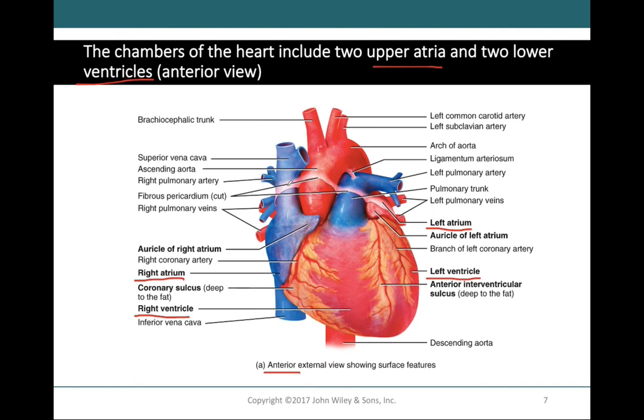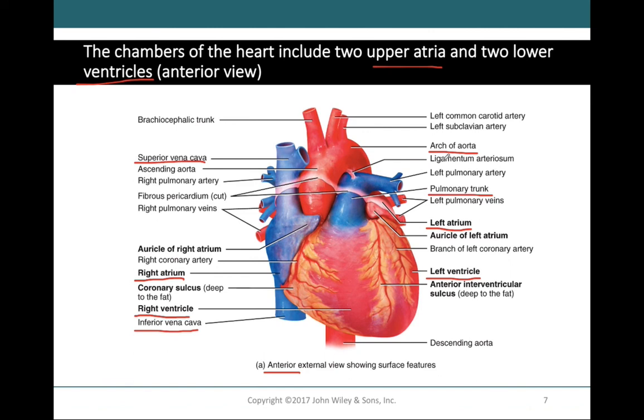So these are veins. They will take blood back to the heart. So you'll see that this here is called the pulmonary trunk. We have the superior vena cava, and we'll find the inferior vena cava. And I'll go ahead and highlight each of those vessels as well. And we don't want to forget highlighting the aorta.